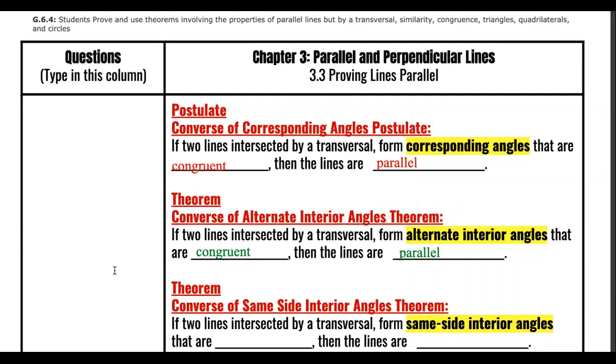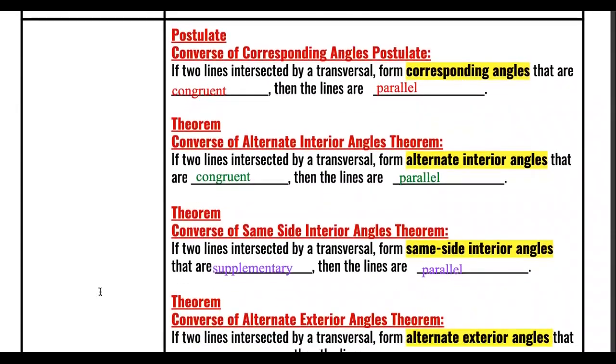Next up, if two lines intersected by a transversal form same side interior angles that are supplementary, then the lines are parallel. Remember, same side interior were the ones that are supplementary. Everything else is congruent, but same side interior angles add to be 180.